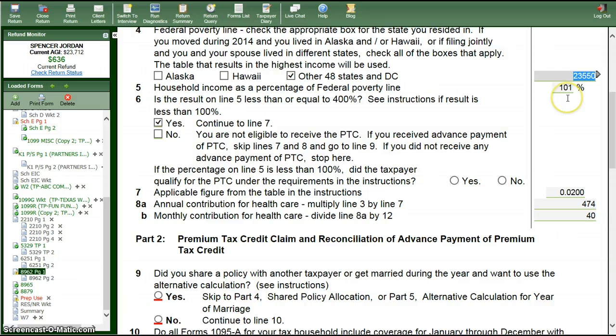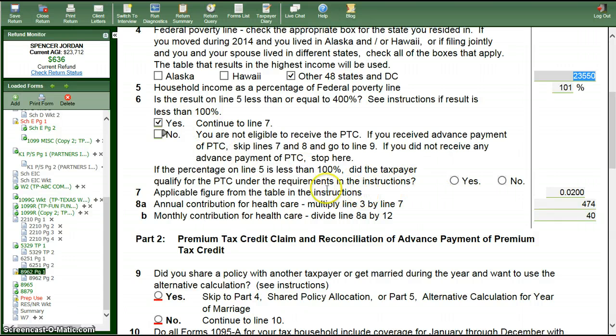If this number right here, populated by TaxWise, is less than 100%, box no will be checked here, that the client is not eligible for the premium tax credit. However, there are situations in which the person will be eligible for the PTC.